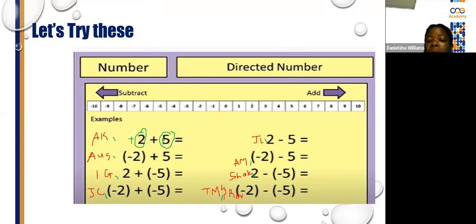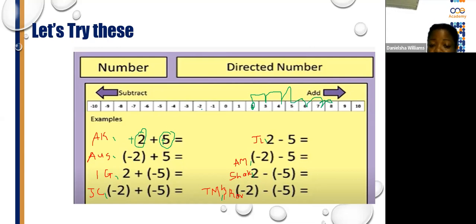So we're at 5, and we are going in the right direction, so yes, it's 5, and that takes us to 7. The next item is -2, and we're adding to -2 +5.